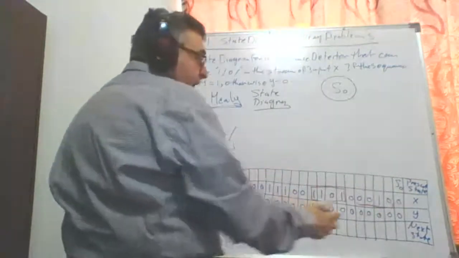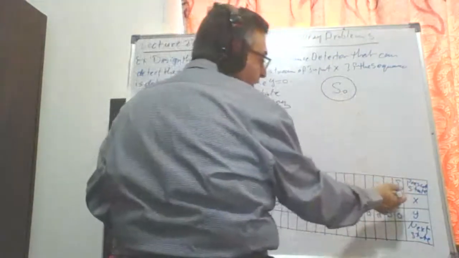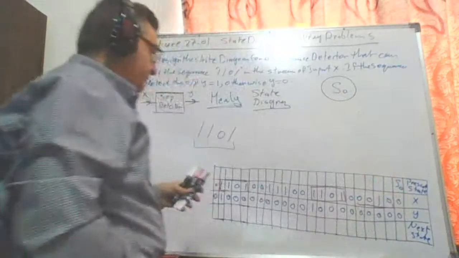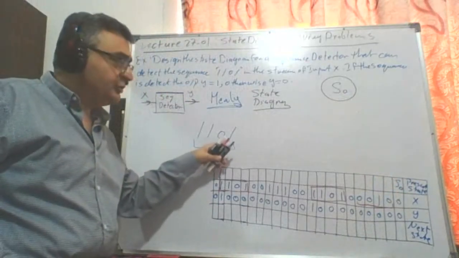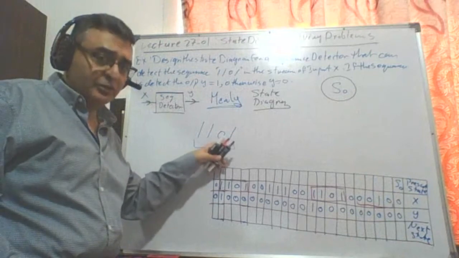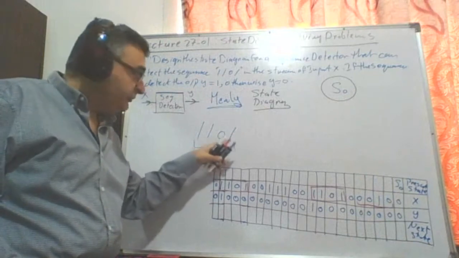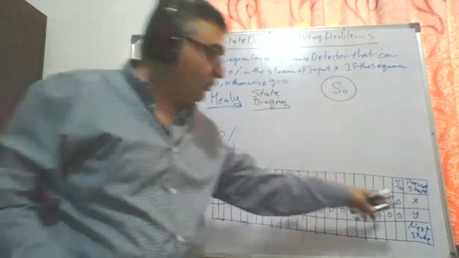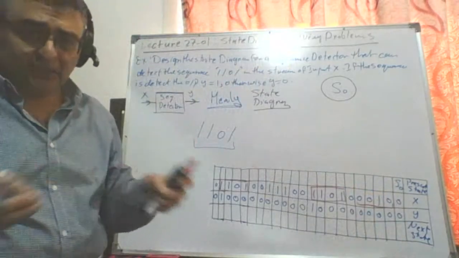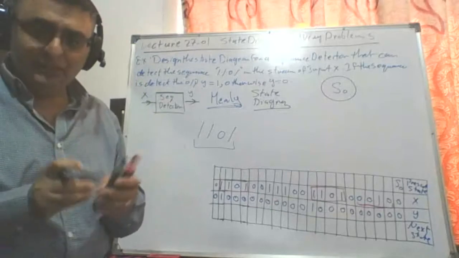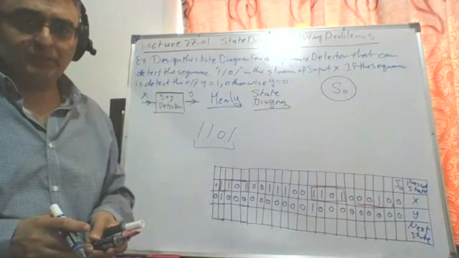Okay? So now I am in S0 and I received 0. This sequence starts with 0 or 1? The sequence starts with 1. So the first bit being 0 indicates that it is impossible for me to detect the sequence. Correct?